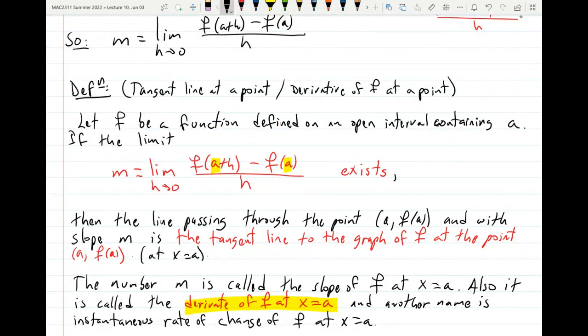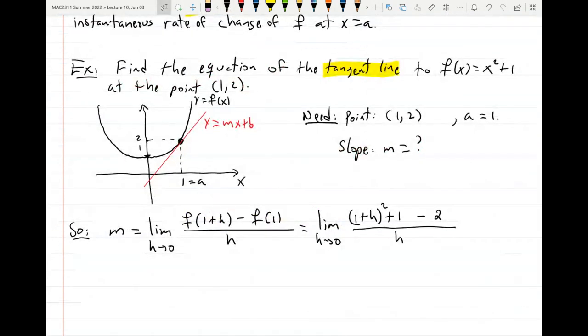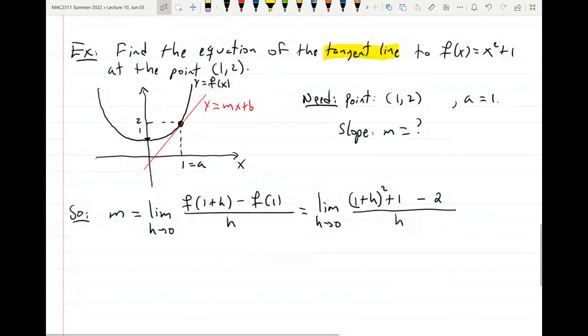If you take the limit as h approaches 0, f of a plus h becomes f of a, and then f of a minus f of a gives 0 on top, and h on the bottom gives 0 as well, so 0 over 0. That means every time you take this limit, you will need to do something. So let's start by simplifying the top as much as we can, and then we go from there.